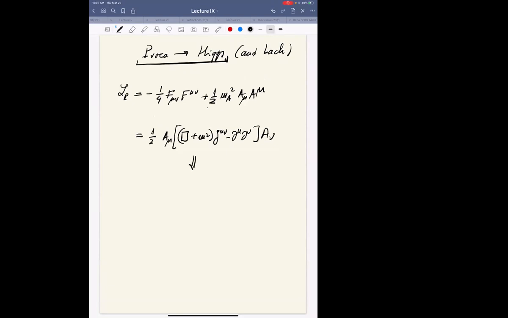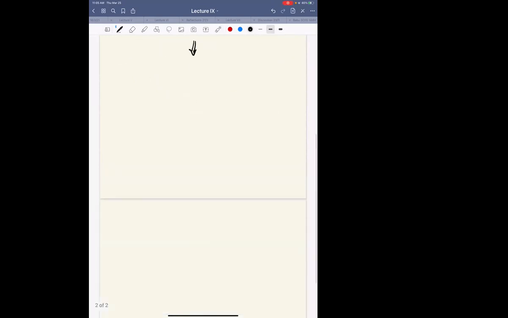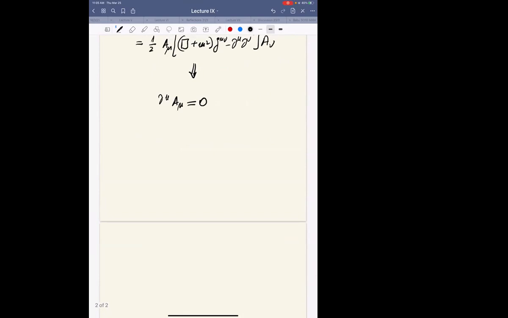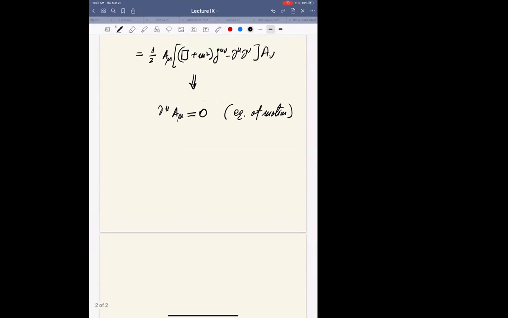From here, we have shown a number of things. One is that d_mu A^mu is 0. It's not your choice, okay? This is a must. This is the Proca equation. It becomes a constraint, just by taking a derivative of the equation of motion. Well, let me write, maybe it's better.